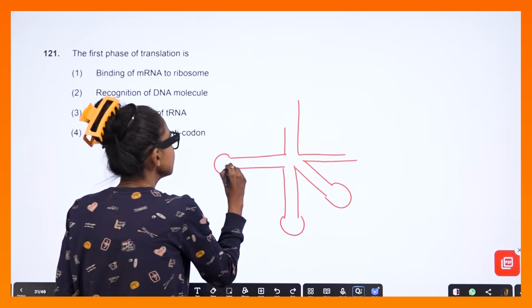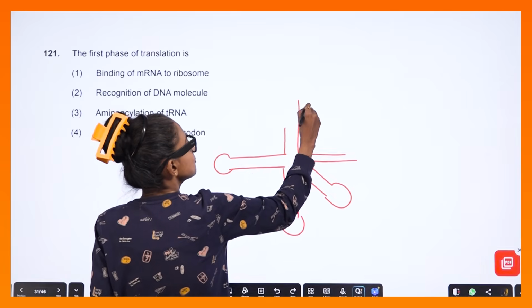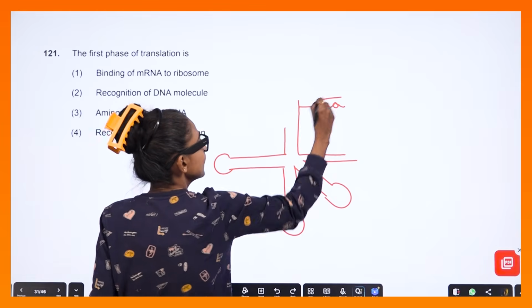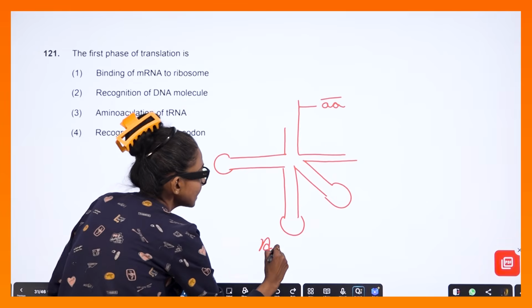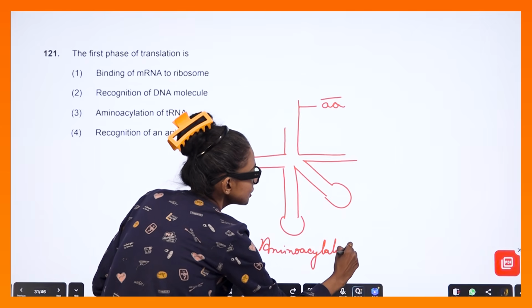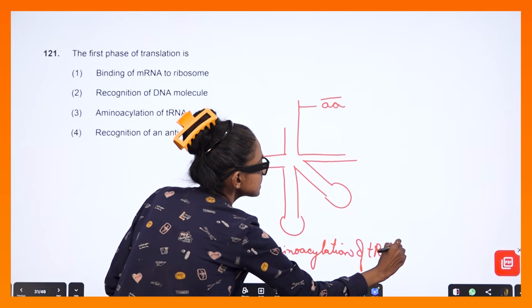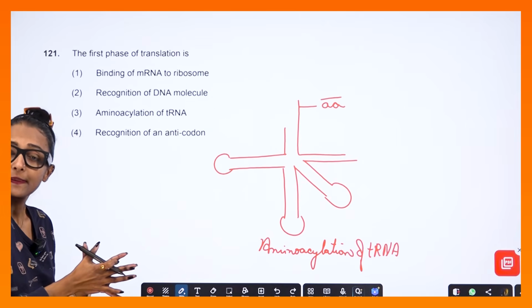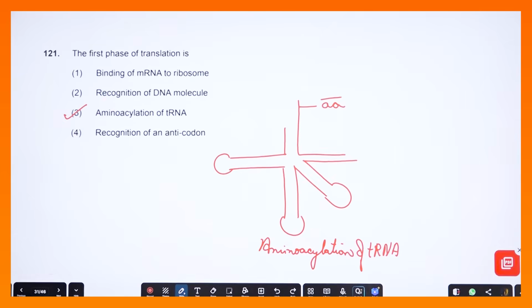Suppose this is your tRNA. So your tRNA has to bind with amino acid, right? In the presence of ATP, which is called aminoacylation of tRNA. This is the first step of translation, okay? First phase of translation, okay?